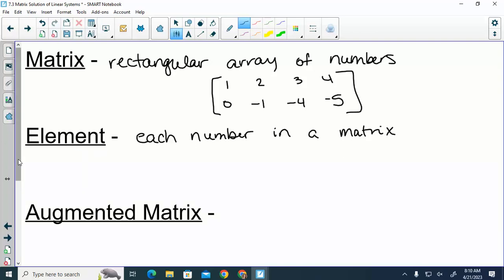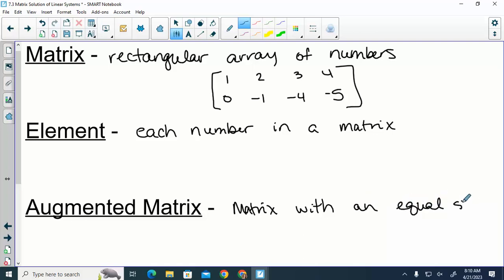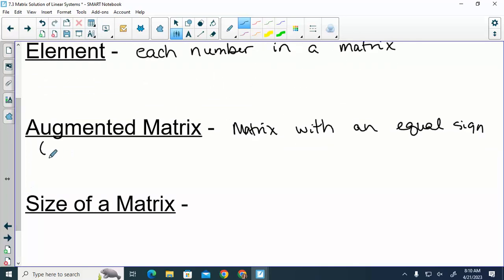When I talk about an augmented matrix, it is a matrix with an equal sign. Or in other words, it's formed from systems of equations.